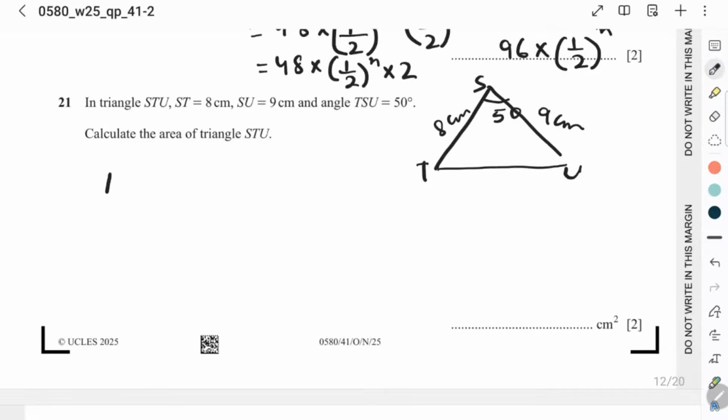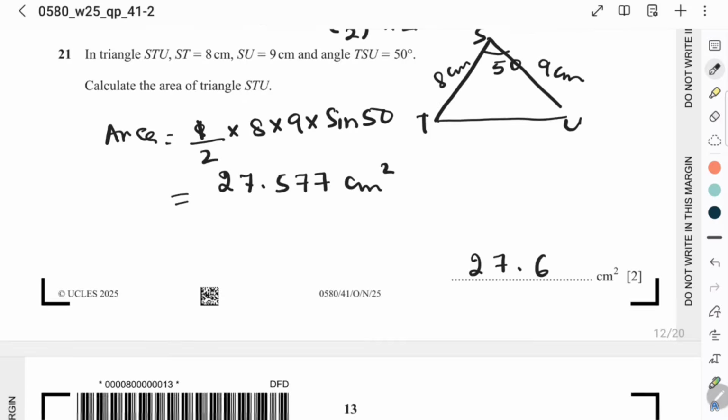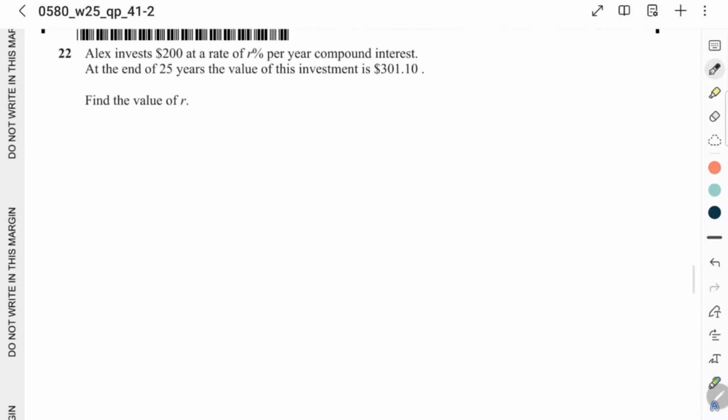Half ab sine C. So area is equal to half times 8 times 9 times sine 50. So that is coming 27.577 or 27.6 square centimeters. All right. Now go to question number 22.